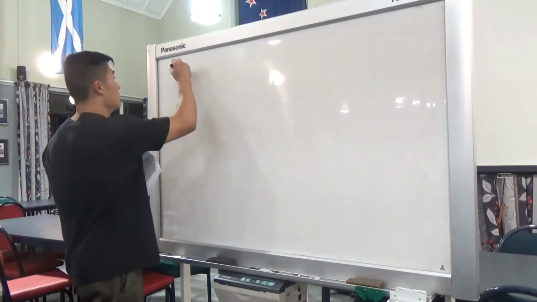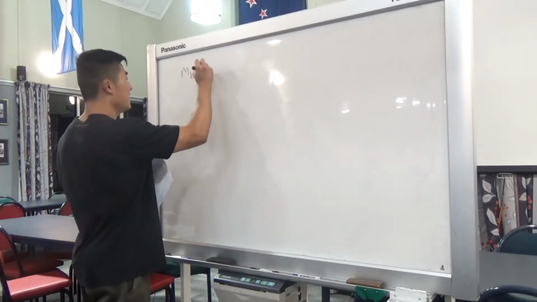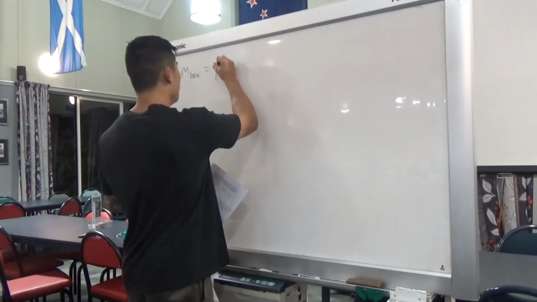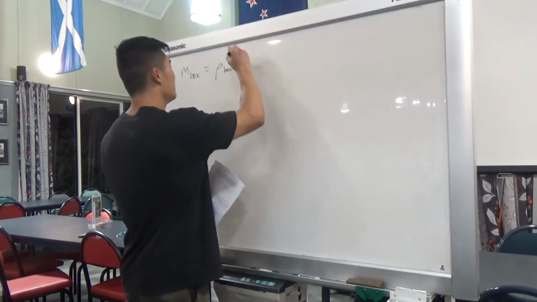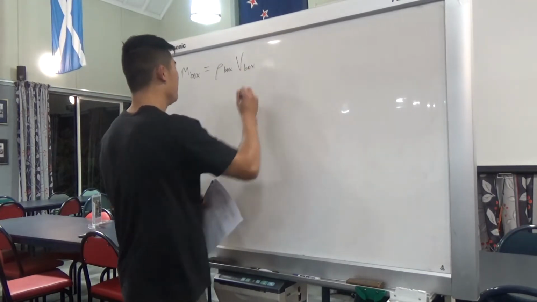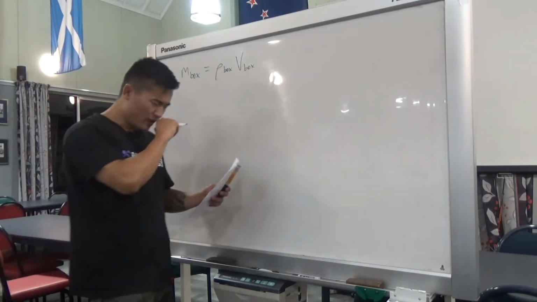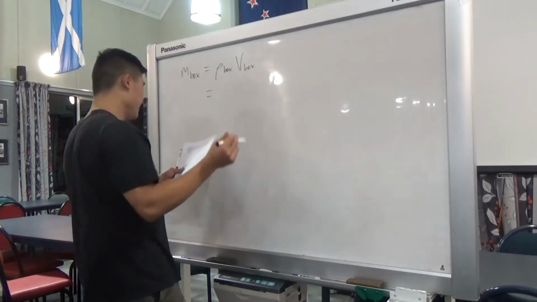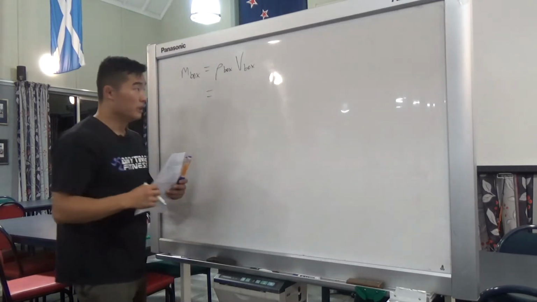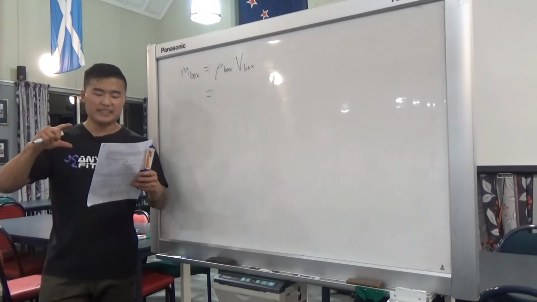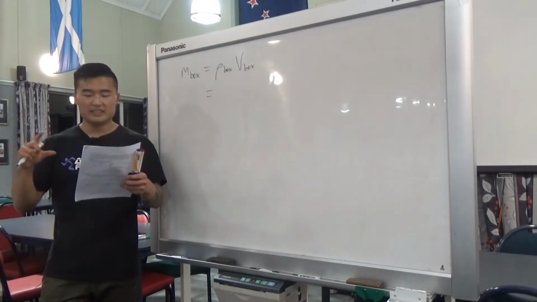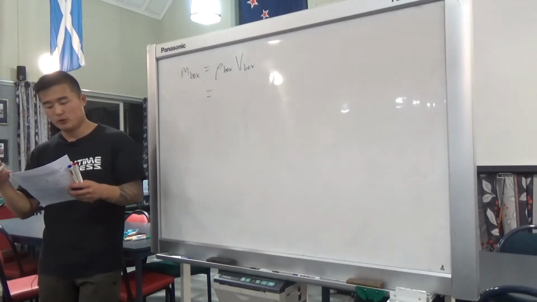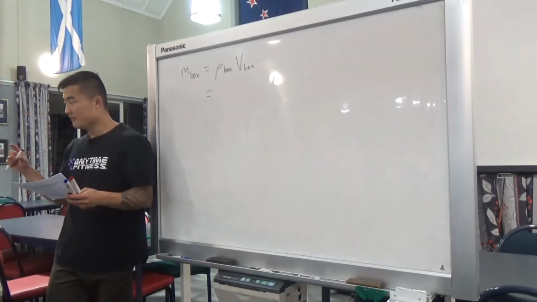So our first step, we're going to calculate the mass of the box, and the mass of the box will be equal to the density of the box multiplied by the volume of the box. So the density of the box: we said that because 33% is underwater, or 1/3 is underwater, it means that the density must be equal to 1/3 of the density of water.